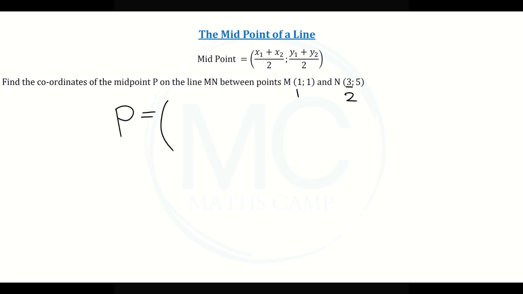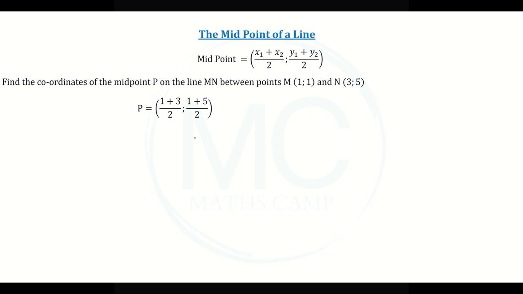For the x-coordinate of P, we look at the x-coordinate of M, which is 1, plus the x-coordinate of N, 3, over 2. Then for the y-coordinate, we look at the y-coordinate of M, 1, plus the y-coordinate of N, which is 5, over 2. And now we can close the bracket.